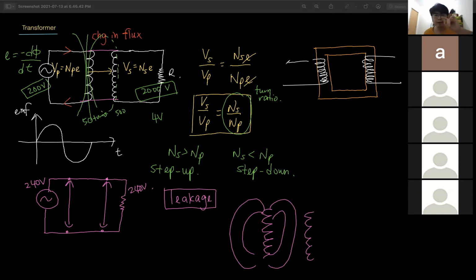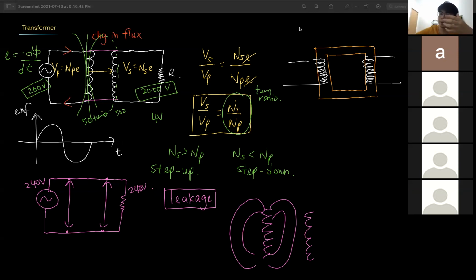What can it do? It can channel the magnetic field to the other side. The iron can absorb the magnetic field. This iron can keep the magnetic field inside it, and then pass the magnetic field to the other coil.